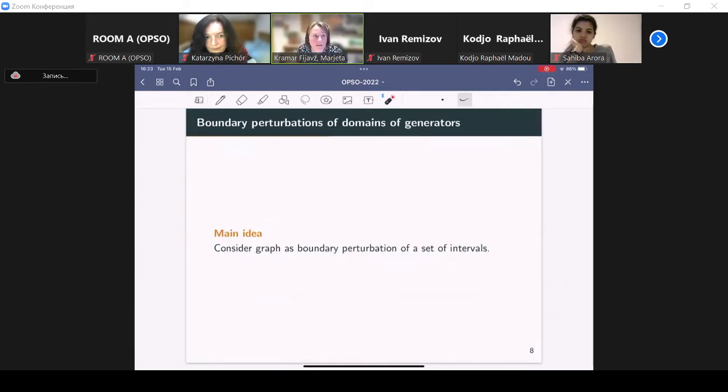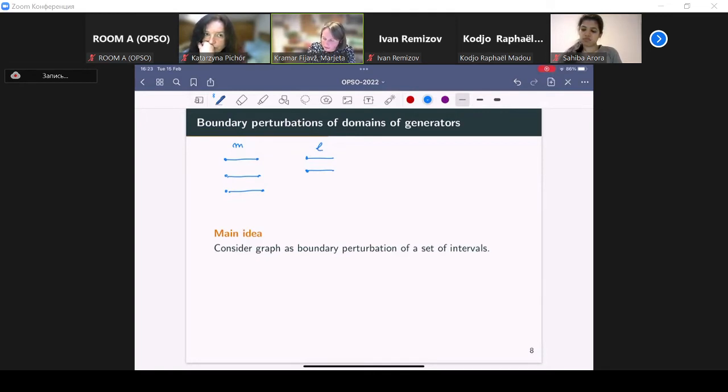And the main idea we use is to consider our graph as a boundary interpretation of a set of intervals. Let's say we have m intervals that are compact, and then L intervals that are not compact.